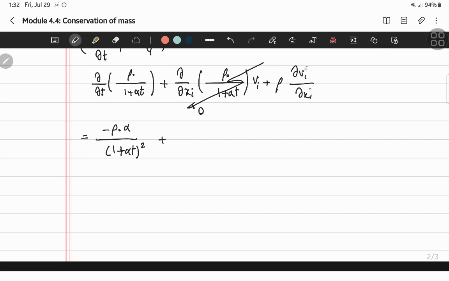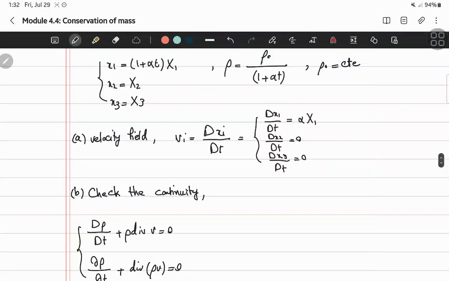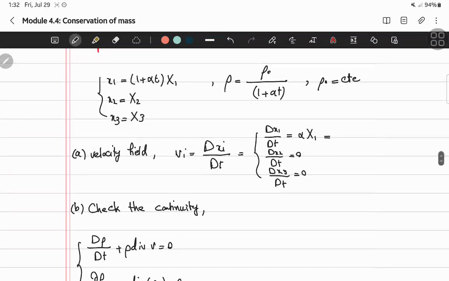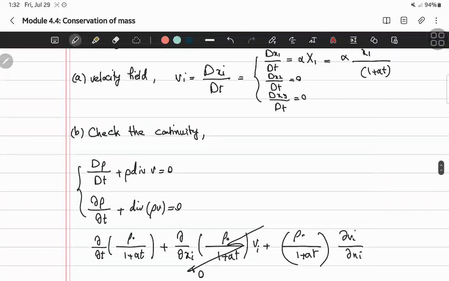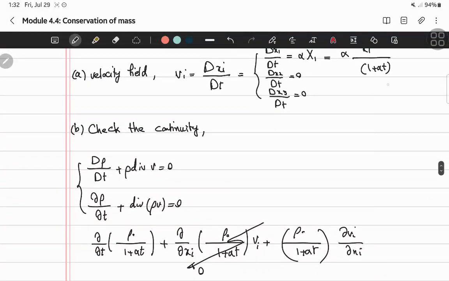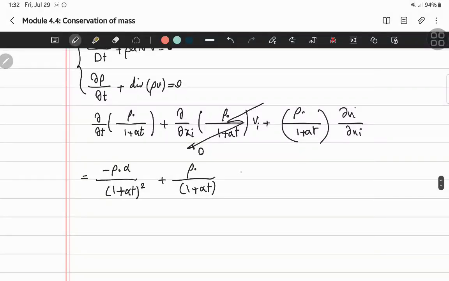Then we have this expression here: rho, which is rho 0 divided by 1 plus alpha t, times the partial derivative of vi with respect to xi. If I replace v1 from here, I have alpha x1 divided by 1 plus alpha t, and if I take the derivative of this with respect to x1, I get alpha divided by 1 plus alpha t.